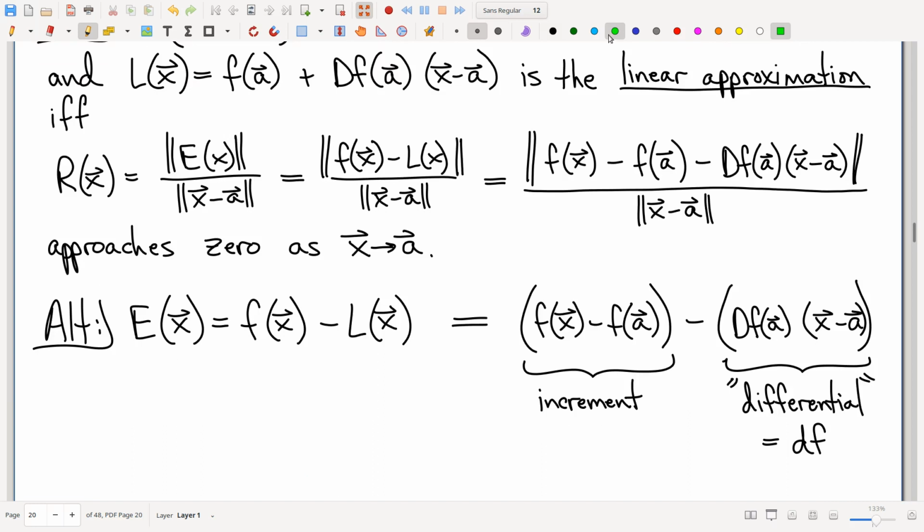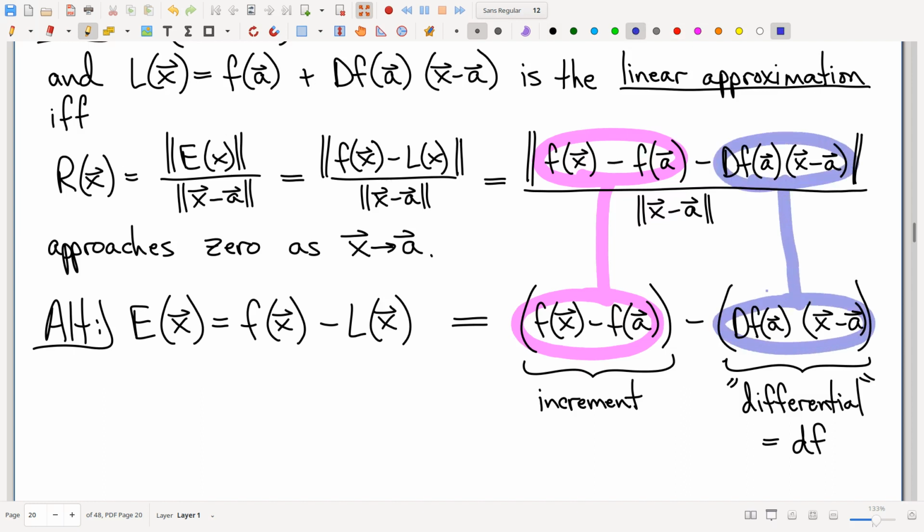No big deal. We previously discussed that this error is the difference between the actual value of the function and the approximated value of the function. A different way to think about this is that the error is the difference between the actual change in the function and the linear estimate of the change in the function. This is an important point of view because both of these are objects of interest.